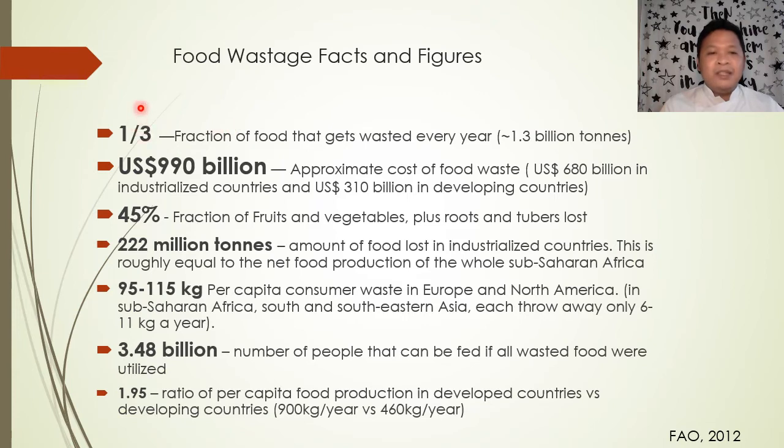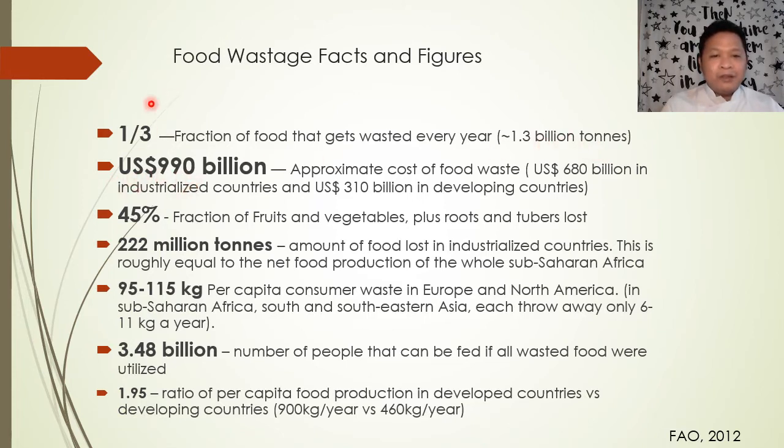Put simply, if you were to lower that to zero, then we could feed 50% more people with our current feeding habits or situations. It is estimated that the approximate cost of this food waste is almost $1 trillion US dollars. And a bigger part of this is in industrialized countries because they also produce and consume more and throw away more food in general.